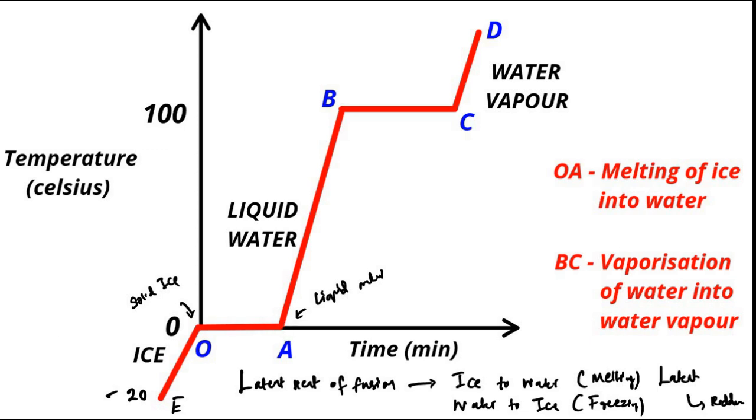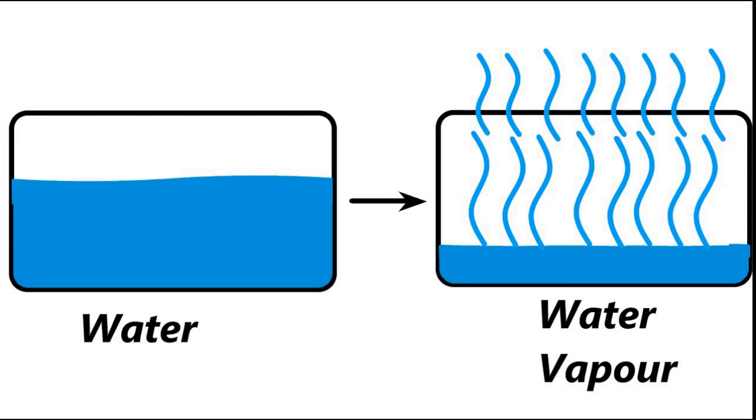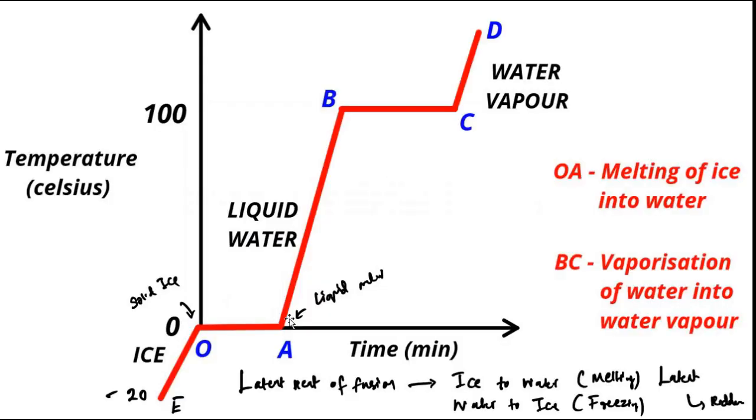So from A, when the liquid water is heated, it slowly gets converted into water vapor. This also happens in the same way. First, when the liquid water is heated, the temperature starts increasing until point B, which is 100 degrees Celsius.